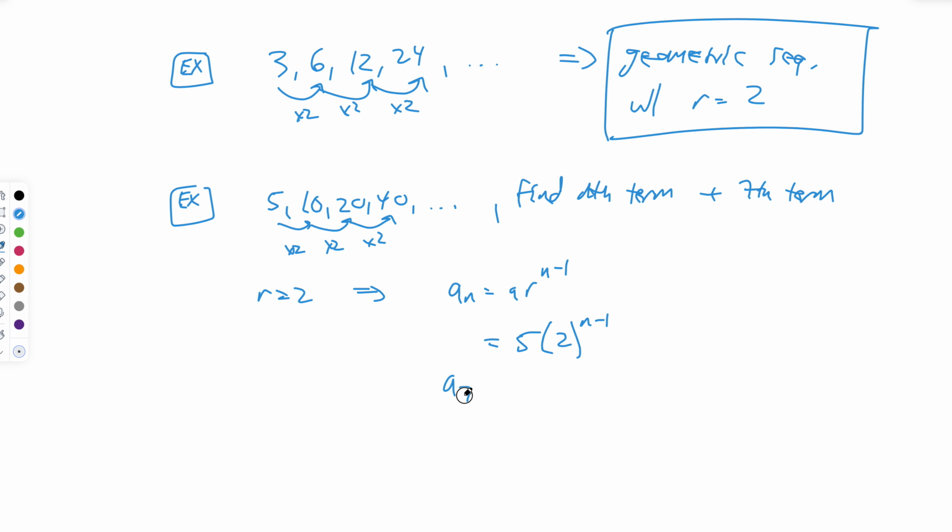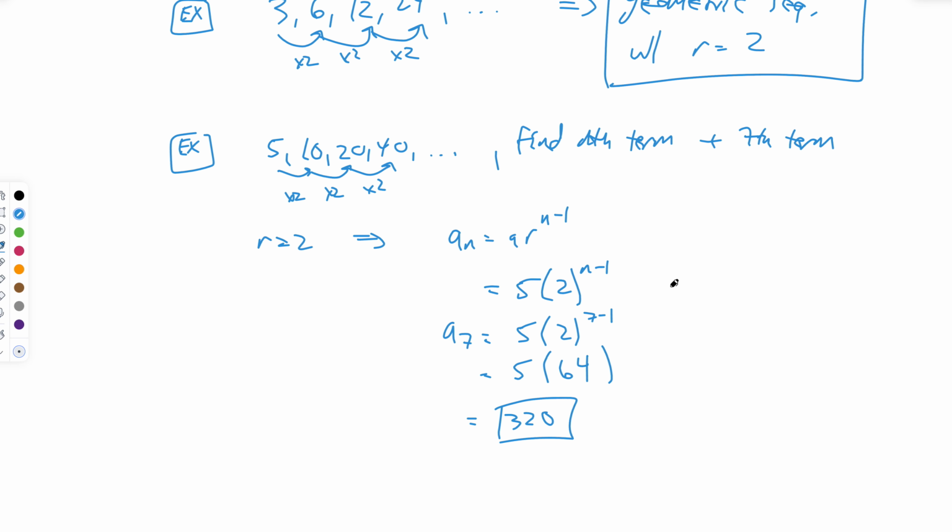If I want to find the 7th term, you would do 5 times 2 to the 7 minus 1, to the 6. 5 times 2 to the 6. 2 to the 6 is 2, 4, 8, 16, 32, 64. So 2 to the 6 is 64. And then we take 64 and multiply that by 5, and we will get 320. So the 7th term for this geometric sequence would be 320.